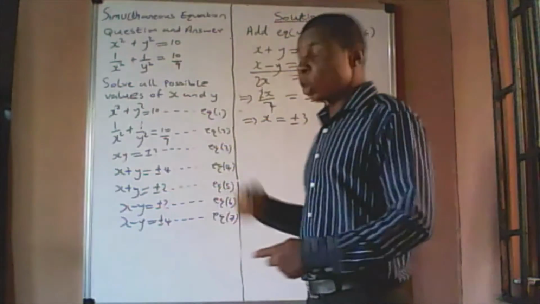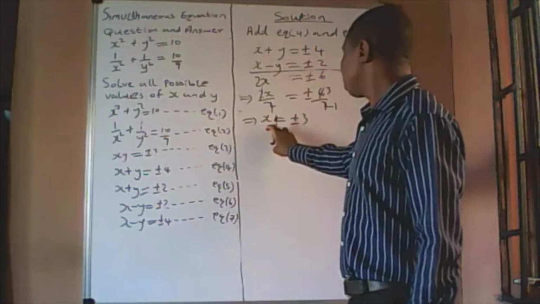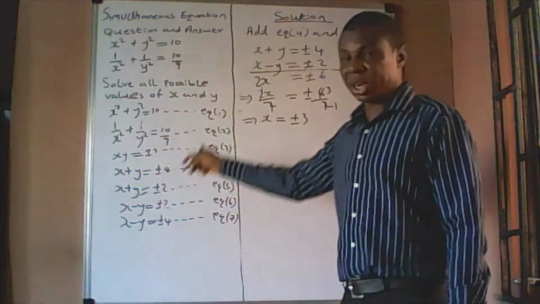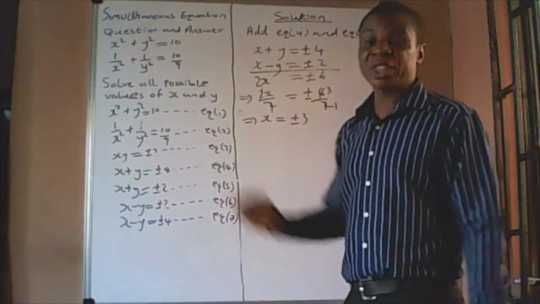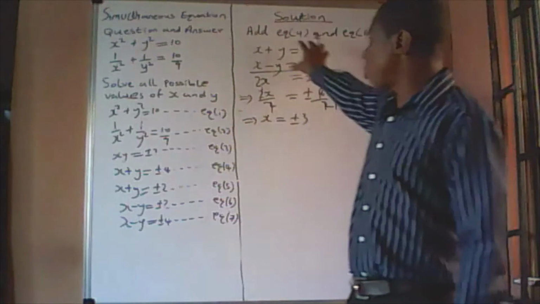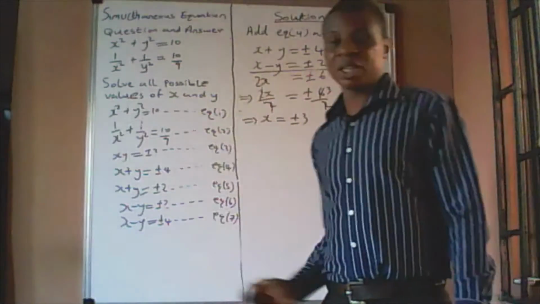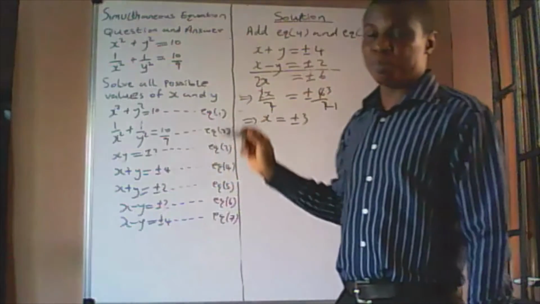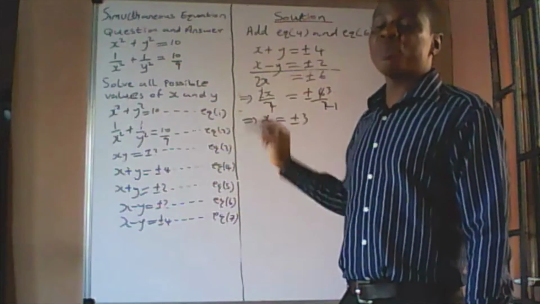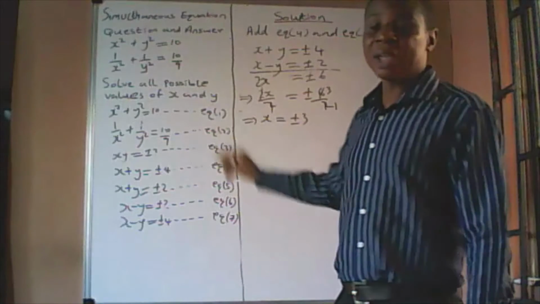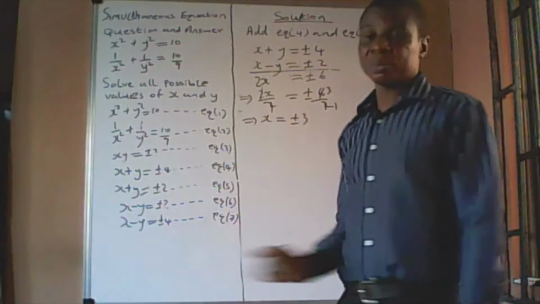Now we are going to substitute the value of x into equation 3. But note that we derived these two formulas when x times y is equal to plus 3. I'm going to use x times y equal to plus 3 to derive y in this equation.